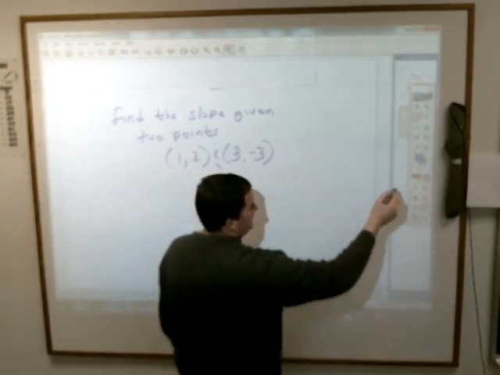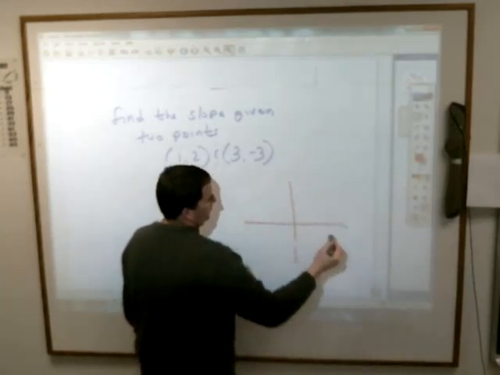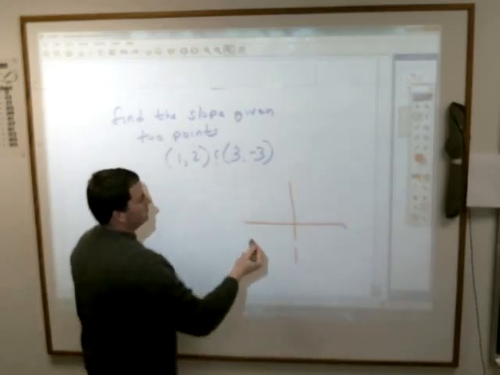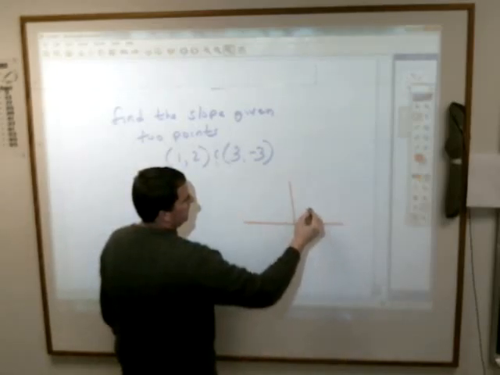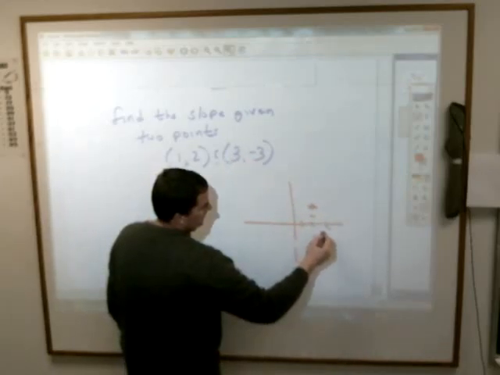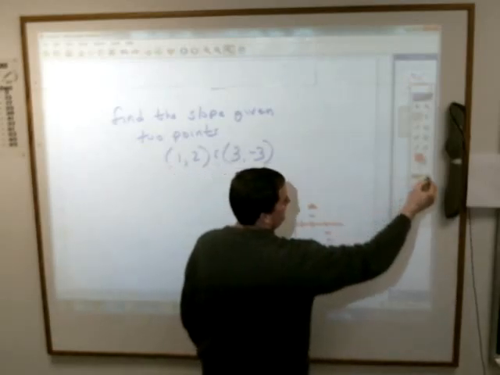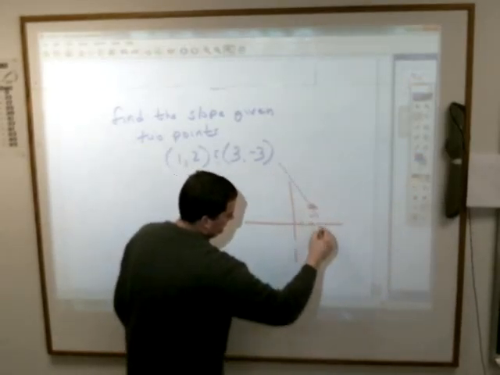Now you are always, ladies and gentlemen, feel free, although I wouldn't do this, to graph those 2 points. Here's 1 comma 2 and 3 comma negative 3, and you get this beautiful little line right here.